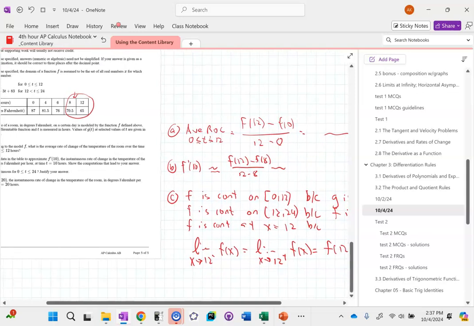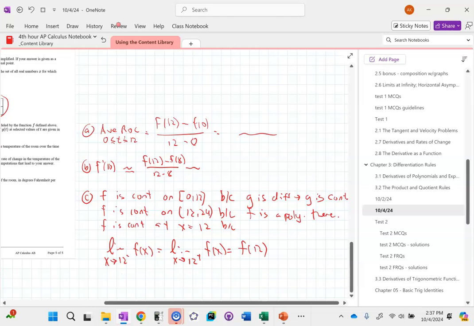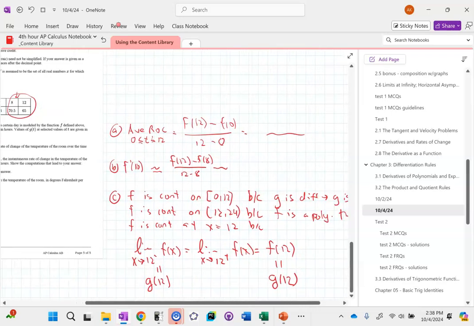And filling that in, f of 12 is the same thing as g of 12. And the left-hand limit is the same thing as g of 12, which was 65.